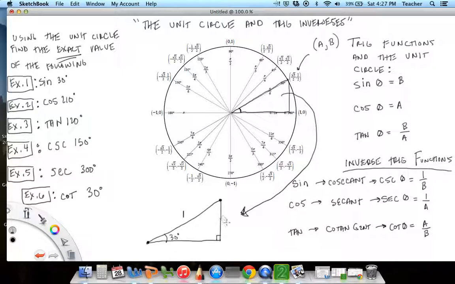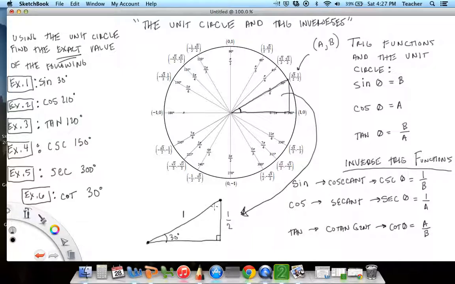And if you need to refresh your memory about 30, 60, 90 triangles, there's the previous video, Standard 5.1, that talks about them. But we know that the side opposite the 30 degrees is half the hypotenuse. So, based on that ratio, this is 1/2, because the side opposite 30 degrees, the smallest side, is half of the hypotenuse.